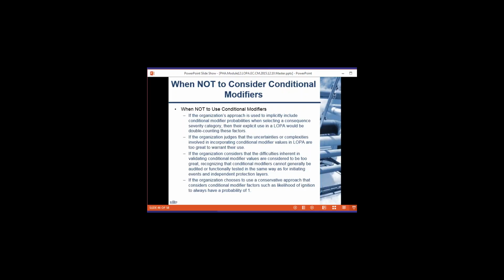If the organization judges that the uncertainties or complexities involved in incorporating conditional modifier values in LOPA are too great to warrant their use, we'll get into that later, but this has to do with making sure certain standards and rules are in place to guarantee that this modifier can be applied. If the organization considers that the difficulties inherent in validating conditional modifier values are too great, and if the organization chooses to use a conservative approach, basically just giving everything a probability of 1.